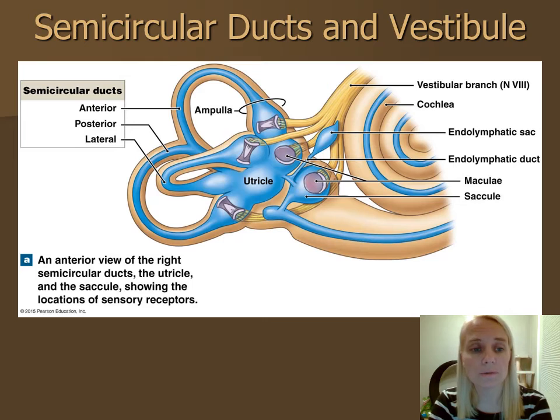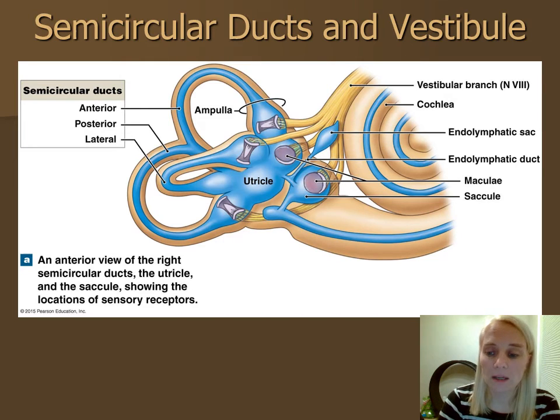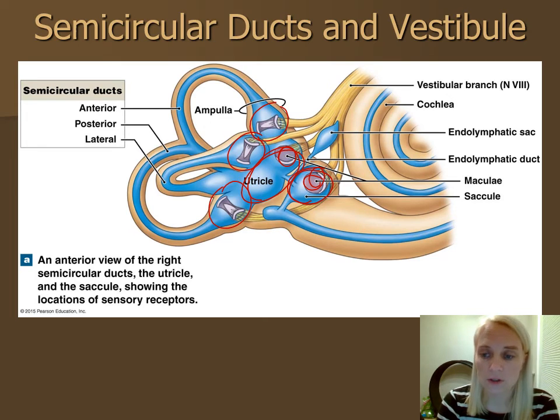So here's a closer view of the semicircular ducts and the vestibule. So again, here is our saccule, here's the utricle, here's our macula, here's our ampulla, and then here's our, they don't label them, but these are ampullary crests or crista ampullaris.